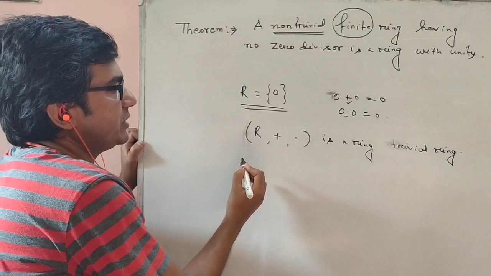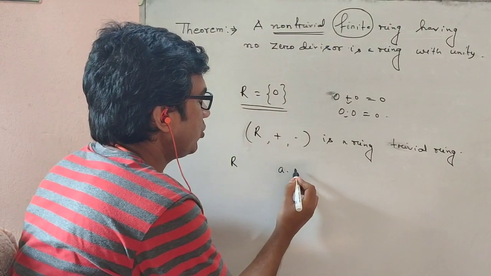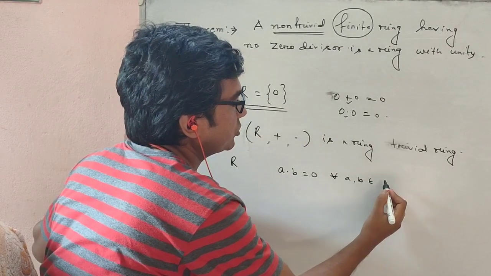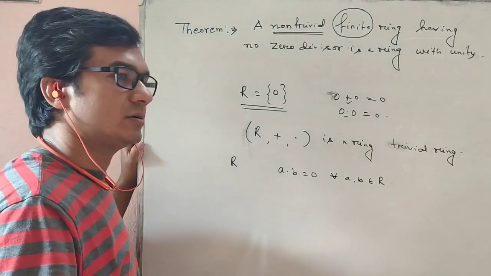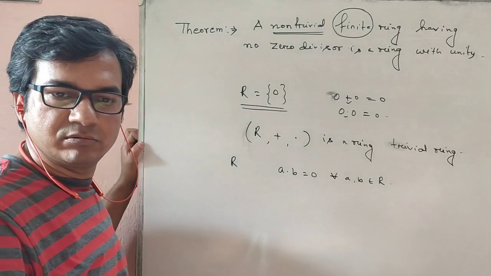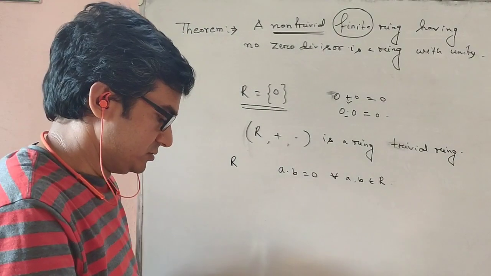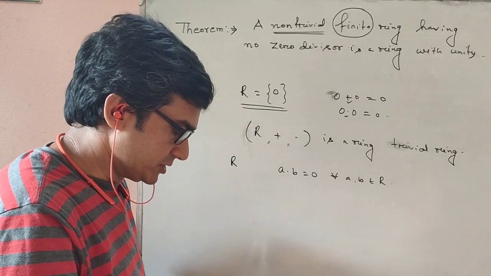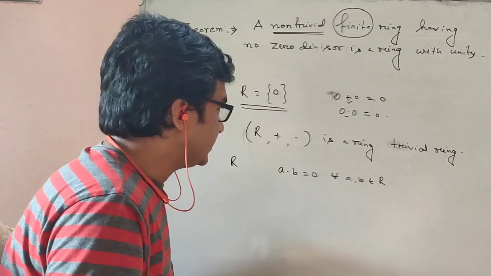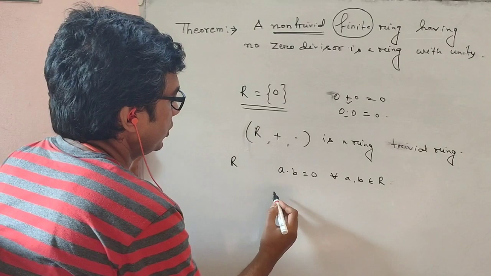And if in a ring R, A dot B equals 0 for all A, B belonging to R, and plus is defined as usual, then this ring is called the zero ring.